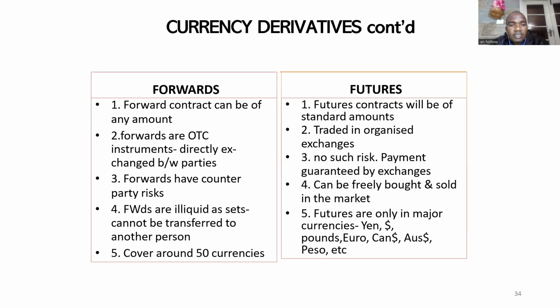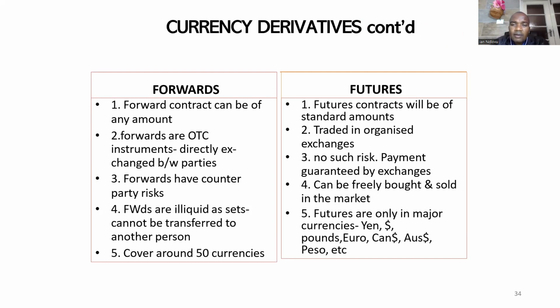When you are looking at forward contracts, the first fundamental difference is that a forward contract can be of any amount, but futures contracts have to be of standard amounts. The second point is that forward contracts are normally traded over the counter. They are over-the-counter instruments, which are directly exchanged between parties.